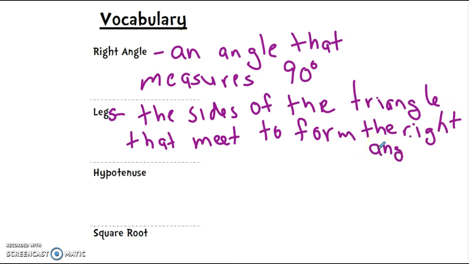So, for instance, that would be a leg, and that would be a leg of a right triangle because they form the right angle, and then I'm just going to make a dotted line, which would be the hypotenuse because the hypotenuse is always straight across from the right angle. Hypotenuse.